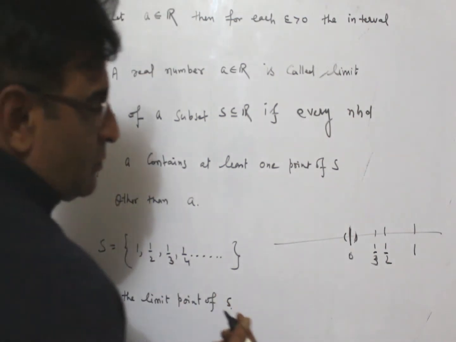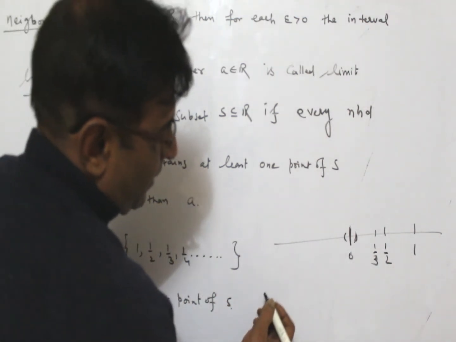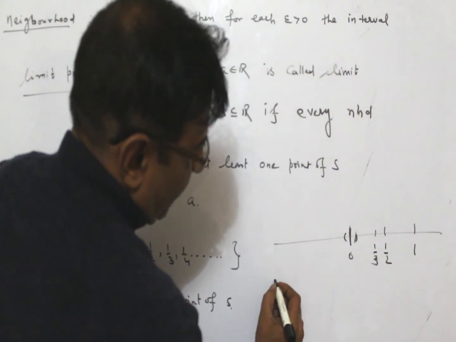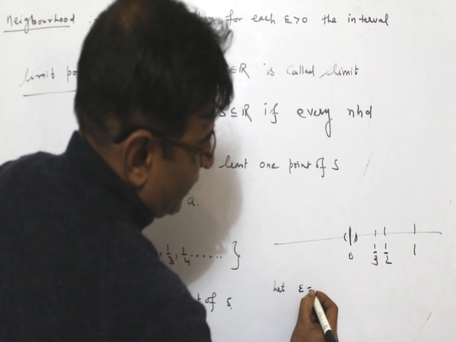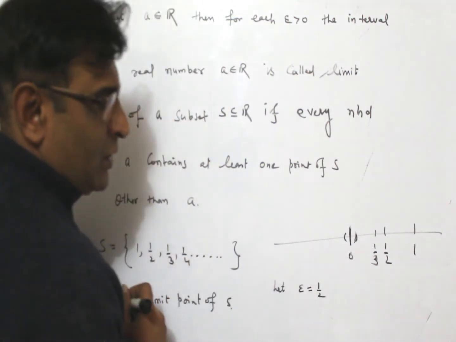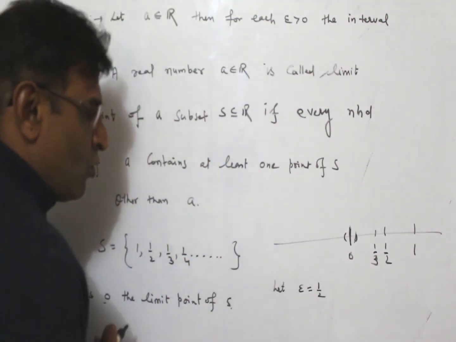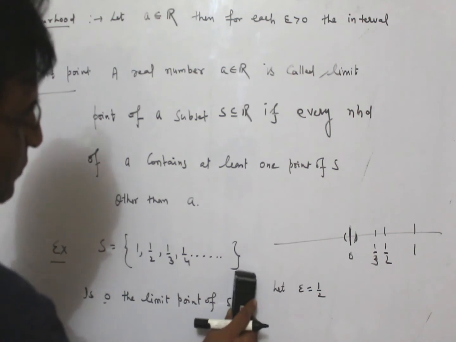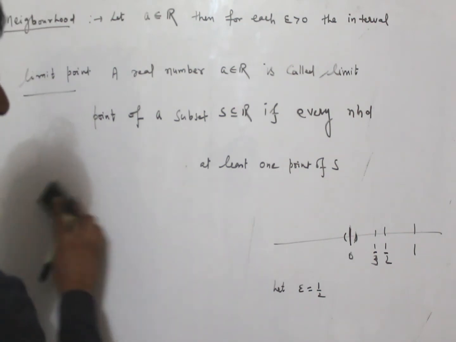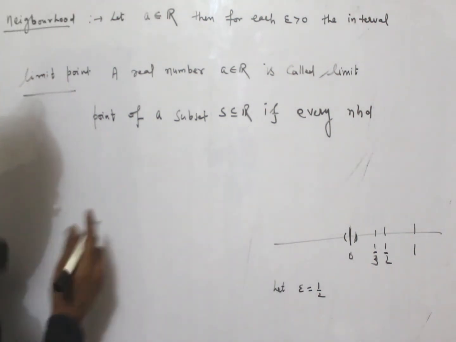Like if I say let epsilon be 1 by 2, then what is the neighborhood of 0?